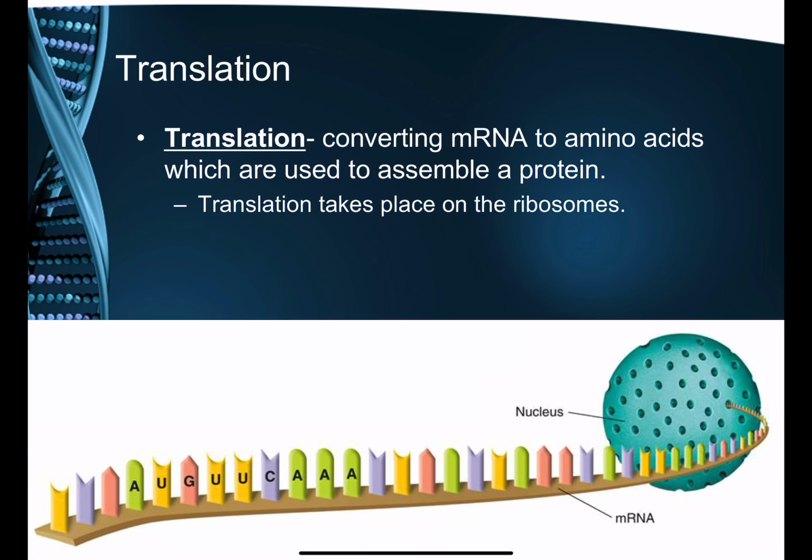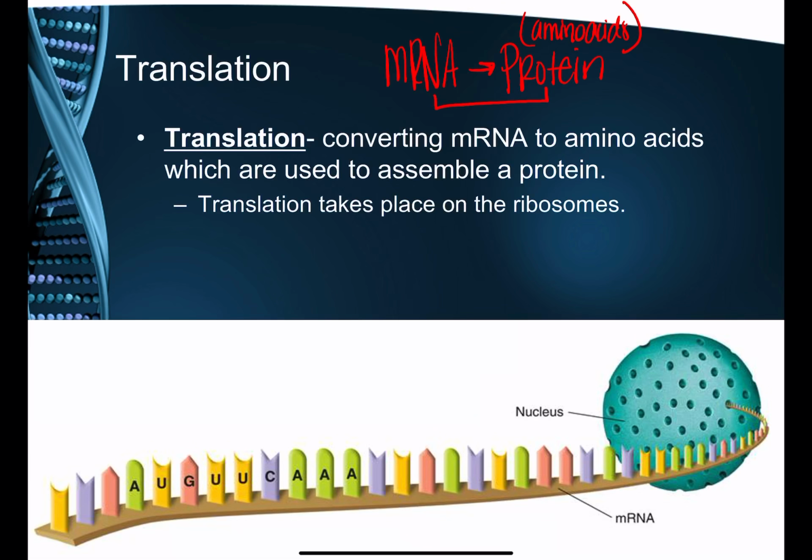All right? Now, let's talk about translation. Translation is converting, remember, mRNA to a protein. But remember, the proteins are made up of amino acids. So really you're building the amino acids first.